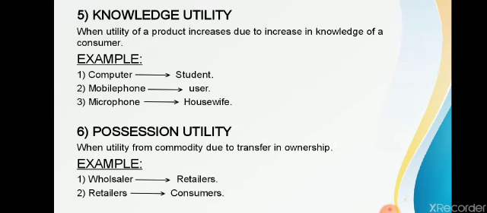Now let us come to the fifth type of utility. The fifth type of utility is the knowledge utility. What is knowledge utility? When the utility of a product increases due to the increase in the knowledge of the consumer about how to use that particular product.